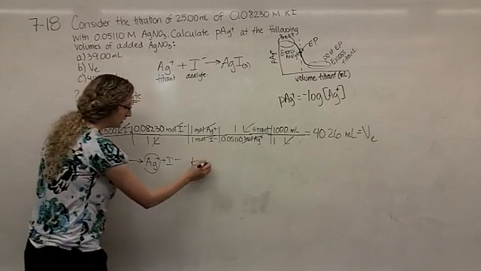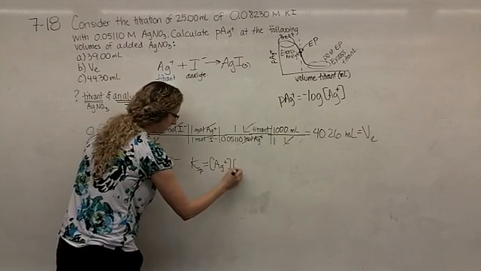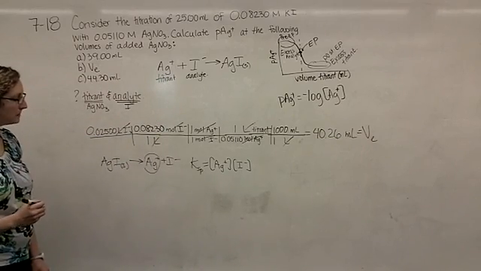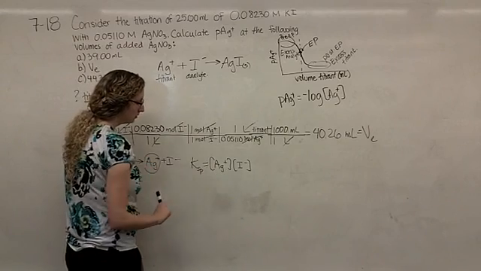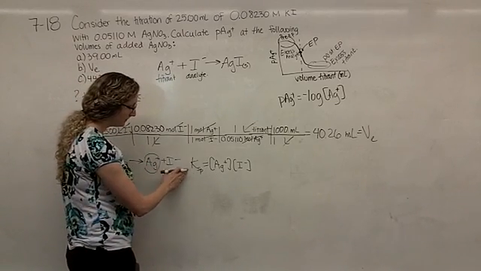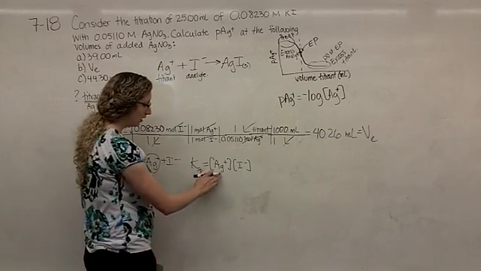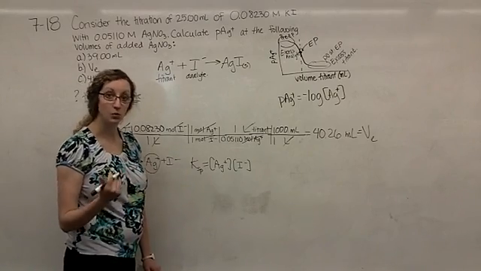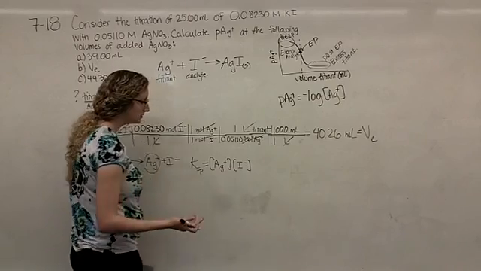But our Ksp is equal to our Ag+ and our I-, okay? So now if we were at equilibrium, I can find my equilibrium constant, and then both of these are unknowns. They're going to be the same value because it's a 1-to-1 ratio. So then we can find respectively what these are.